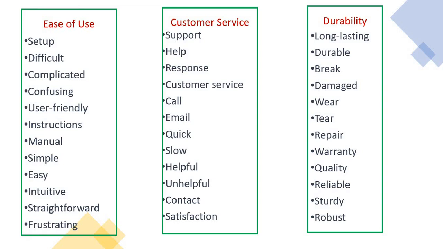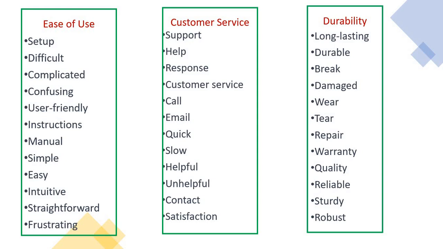And finally, there is a group of words: set up, difficult, complicated, confusing, user-friendly, instructions. And they decide that this is the ease of use, where reviewers are concerned about the ease of using the company's equipment.